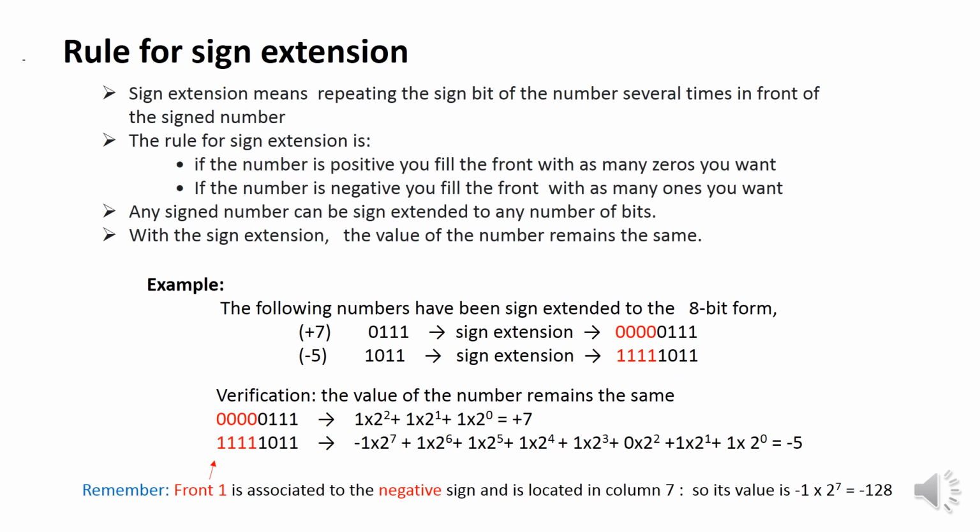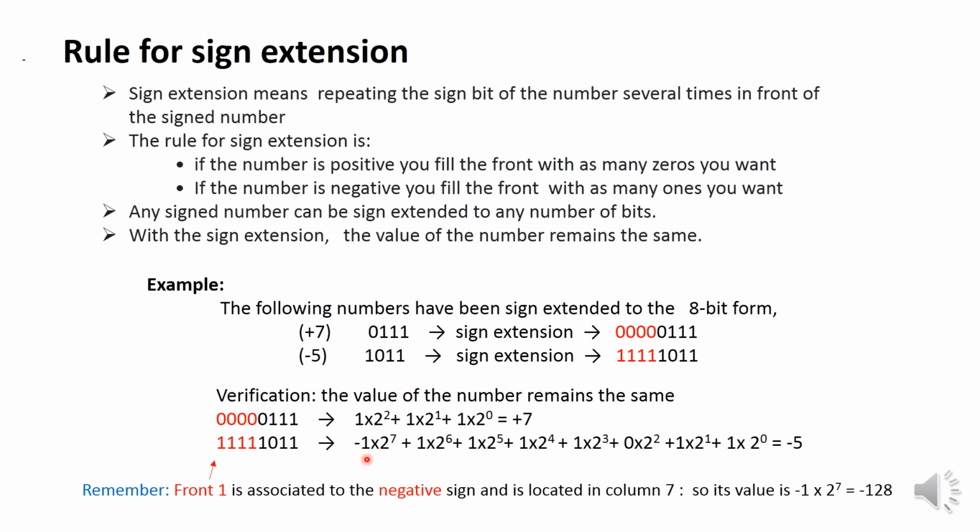For this, we have added 4 ones in front. This is the verification that the value of the numbers remains the same, plus 7 and minus 5.